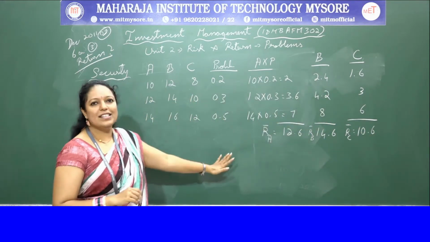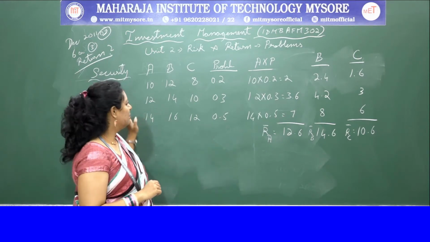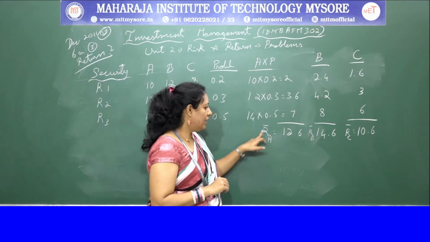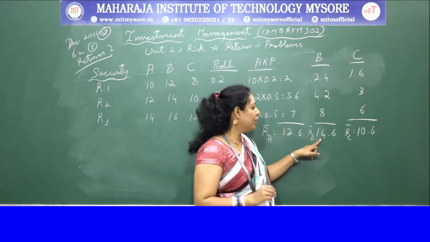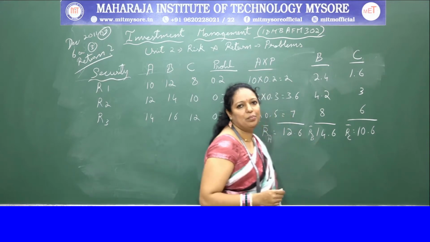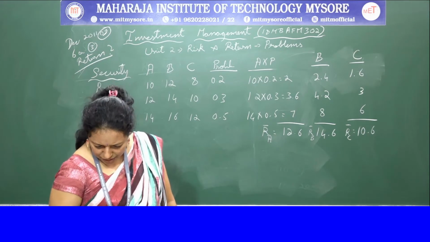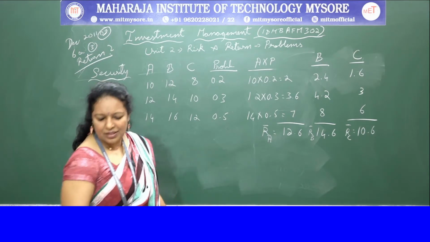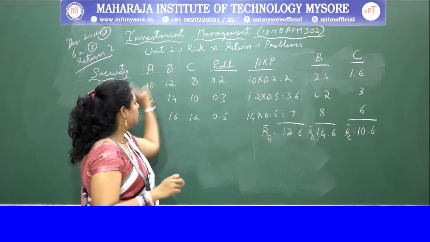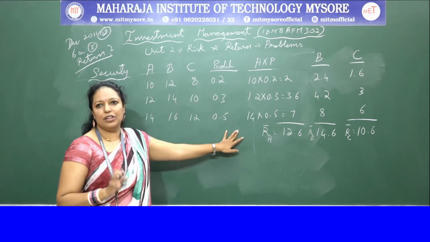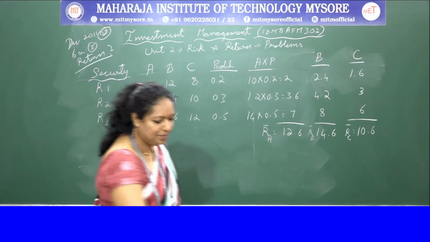Okay, this is the answer for your problem. That is R bar A, it is 12.6, B 14.6, C 10.6. So sometimes they'll ask to give the decision. Here they have not asked to give any conclusion or suggestion or decision. So here, you have to calculate the expected rate of return.